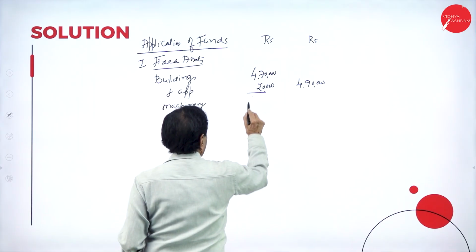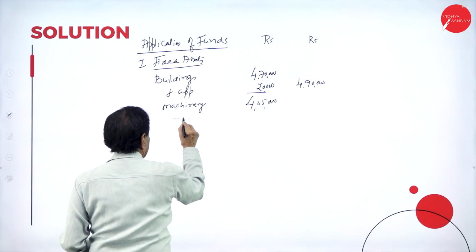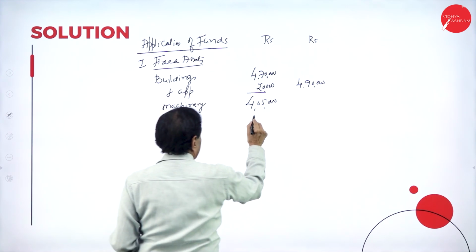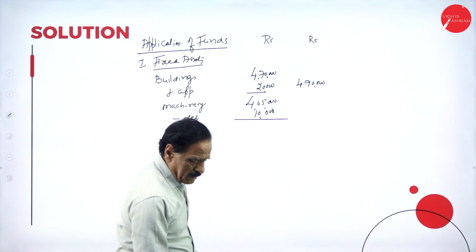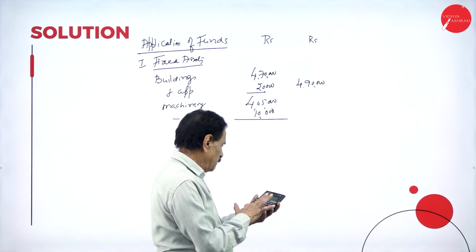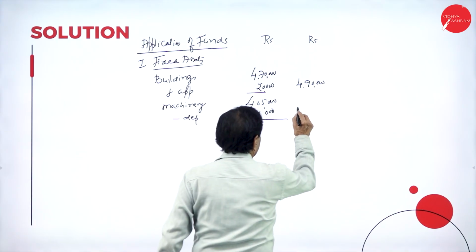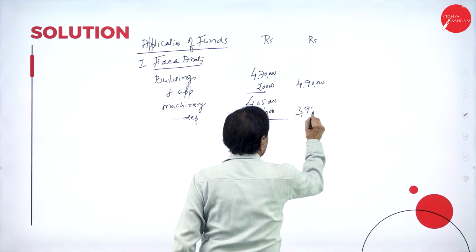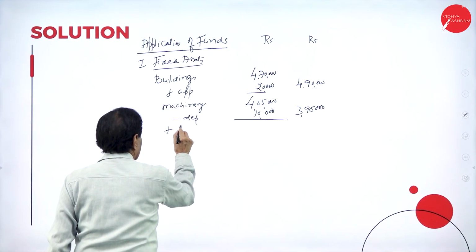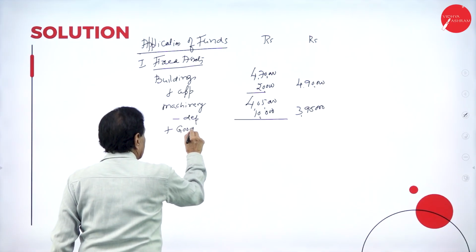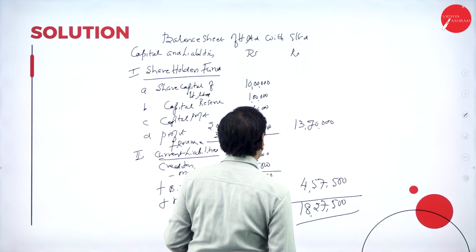Machinery 4,05,000 minus depreciation 10,000. Deduct 4,05,000 minus 3,95,000. Plus goodwill 52,500.